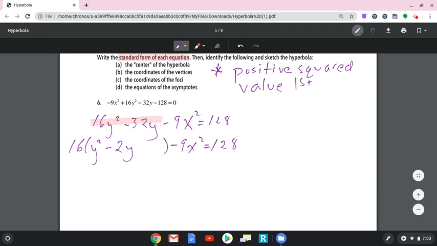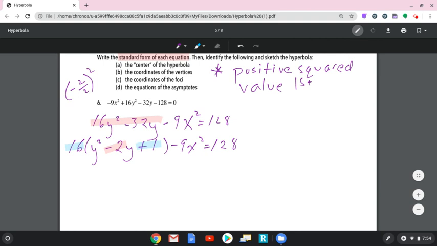Now, if I complete the square here, remember, you take your b value, which is negative 2, divide it by 2, and square it, which is a positive 1. So I'm actually going to add 1 to the left in the parentheses. But remember, whatever I add inside the parentheses, before I add it to the other side, I must multiply it by the number on the outside.